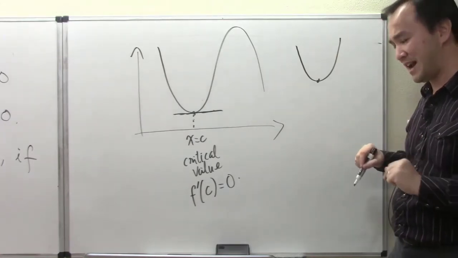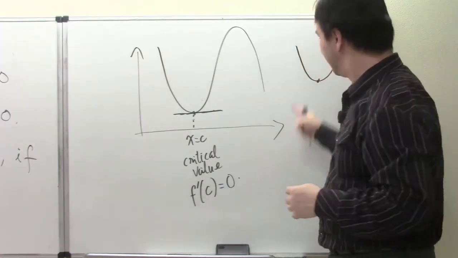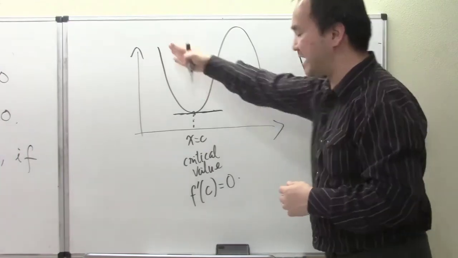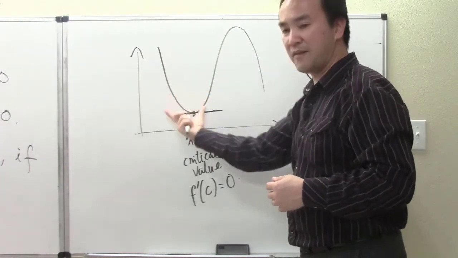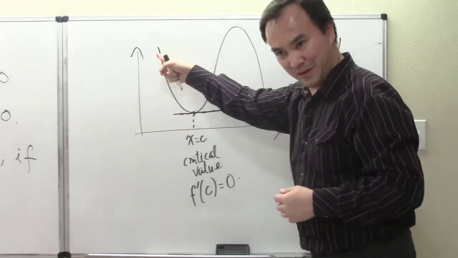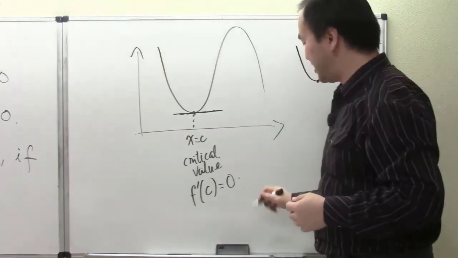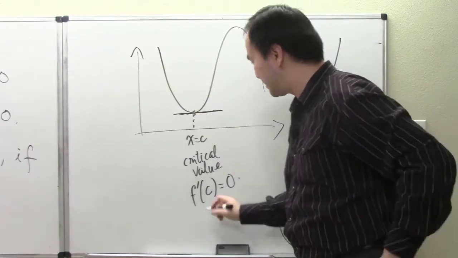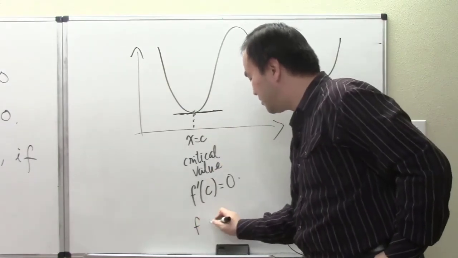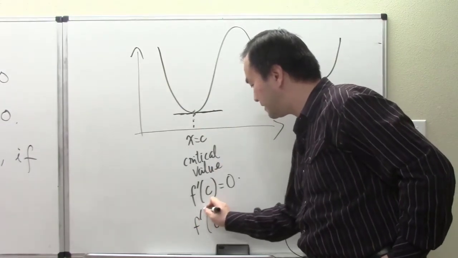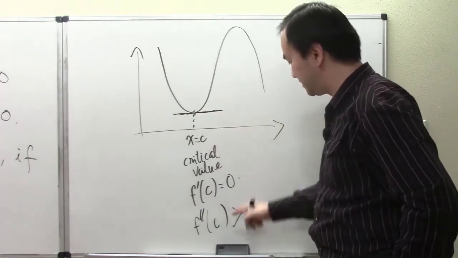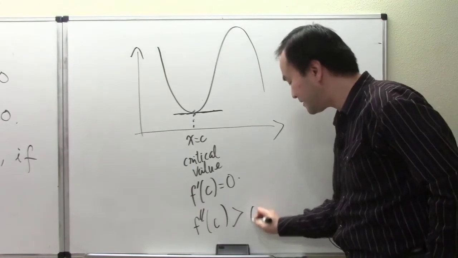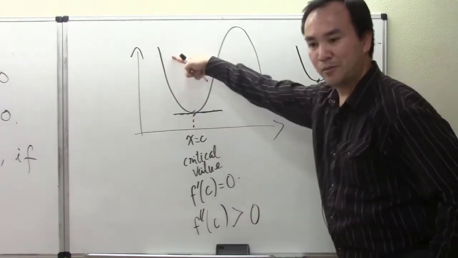So that opens up a clue for us. The graph concaving up, or pointing up, means f double prime has to be positive. You see what I'm saying? Look at that point right there. If you substitute that c into your f double prime, then to have a minimum, it has to be positive because the cup is pointing up.